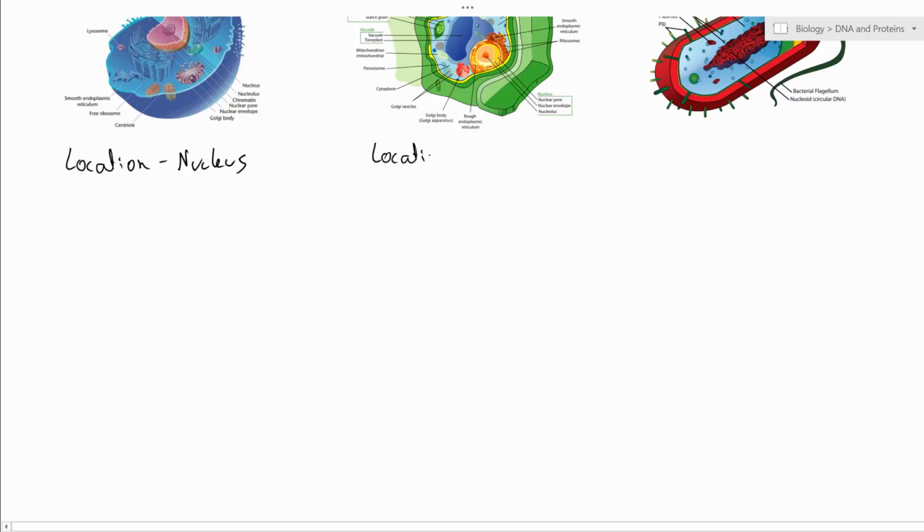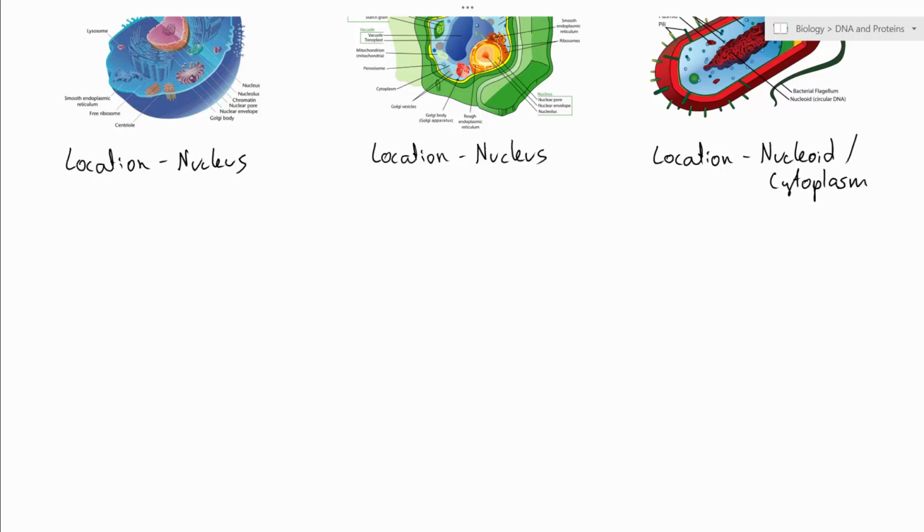Likewise, in a eukaryotic plant cell, chromosomes will be located in the nucleus, whereas in prokaryotic cells the location will be an area called the nucleoid, and this is located in an area called the cytoplasm, which is kind of just this watery goo that floats around in the middle of the cell. So there are some slight differences in where chromosomes are located in prokaryotic and eukaryotic cells.